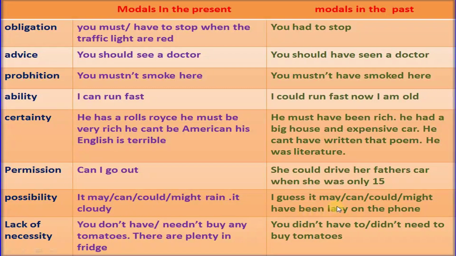Here also the spelling of lazy. Lack of necessity. You don't need to buy any tomatoes. There are plenty in the fridge. You didn't have to or didn't need to buy tomatoes. It is a past situation.